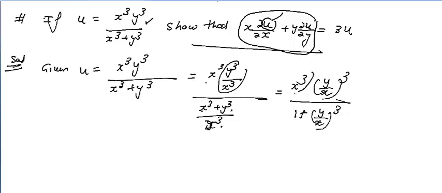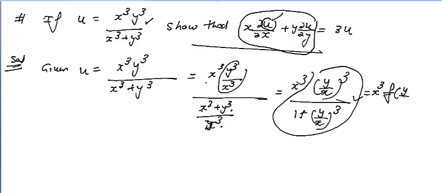So what you get now, see this one. This is x raised to power 3, and the rest of the thing that I have highlighted is a function of y over x. Therefore, if you can represent any function in the form of x raised to power n times a function of y over x, then it is a homogeneous function.